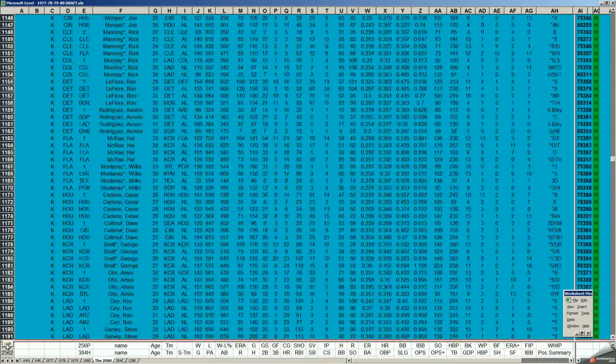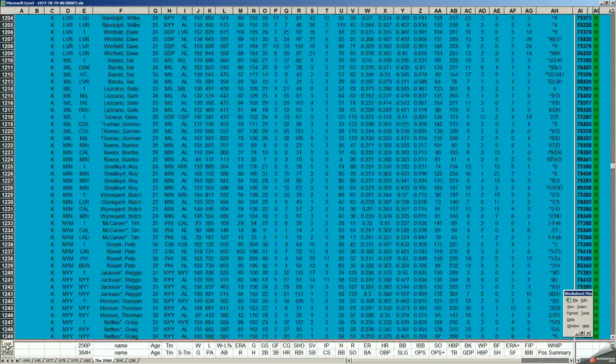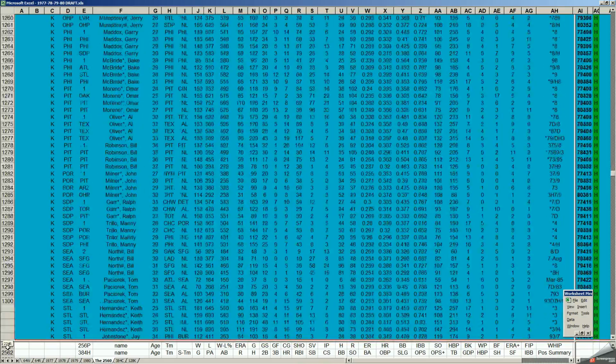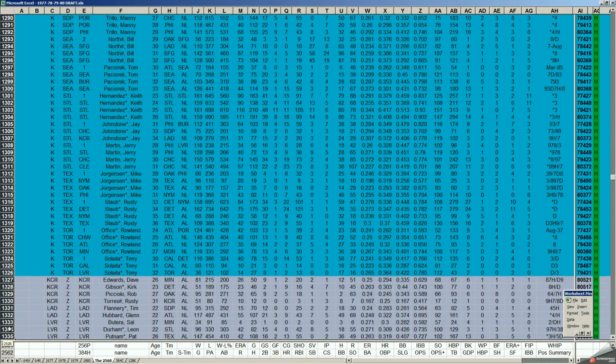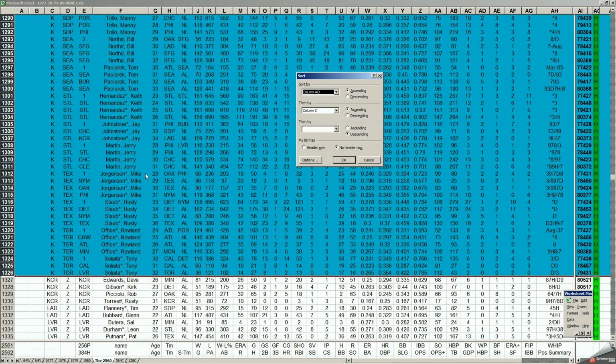I'm going to scroll down through all the teams. The teams are in alphabetical order, and then the players within the team are in alphabetical order. If I just sorted by OPS, the players would be out of order. So it would be column F for player name in ascending order, and then within the player, we're looking at Z, in descending order of OPS.